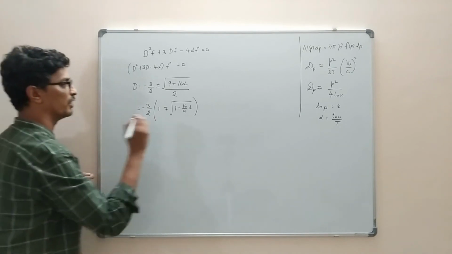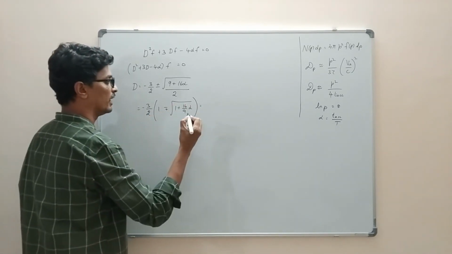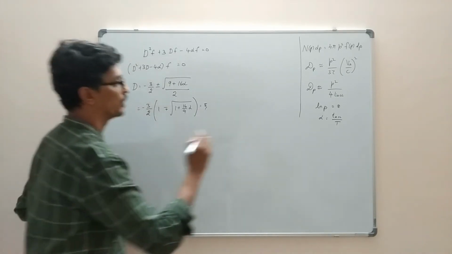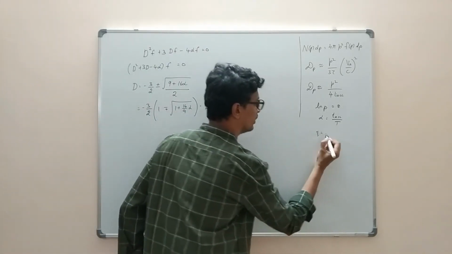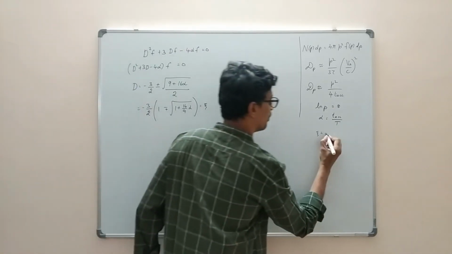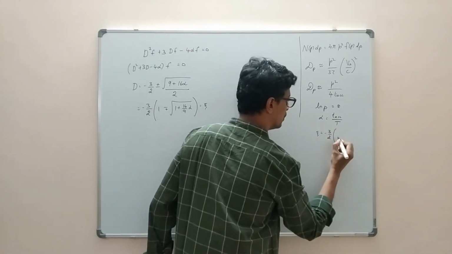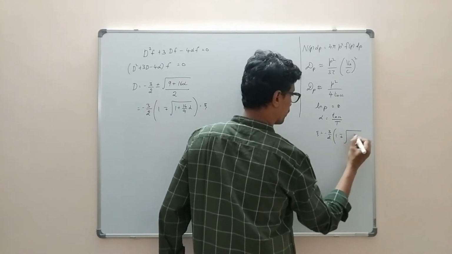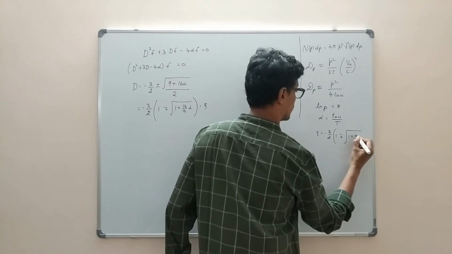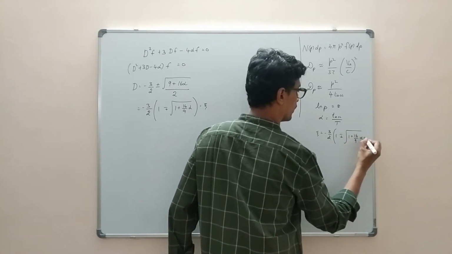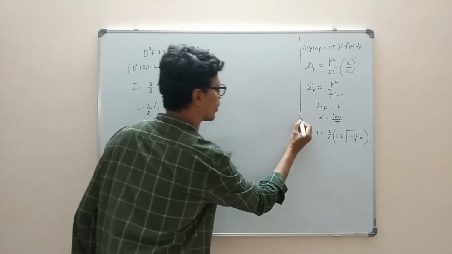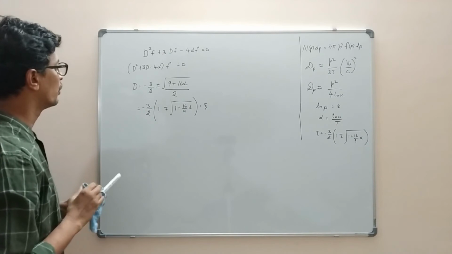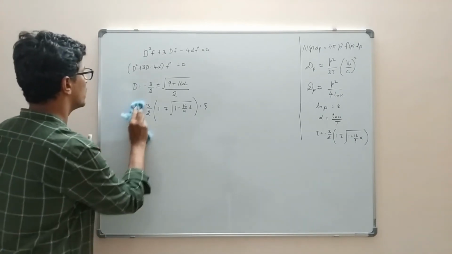Well, this I am going to call, let us say, chi. So we are going to have chi equal to minus 3 by 2 times 1 minus plus square root of 1 plus 16 by 9 alpha. So this we call chi.